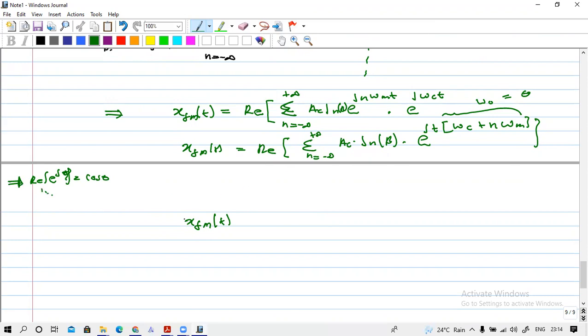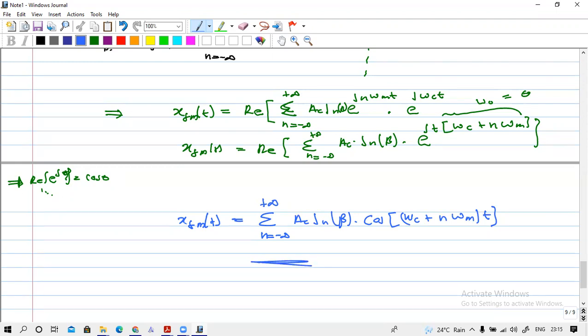So using the same identity, I can write my modulated signal x_FM(t) as the sum from minus infinity to plus infinity of A_C J_n(β) cos(ω_c + nω_m)t.